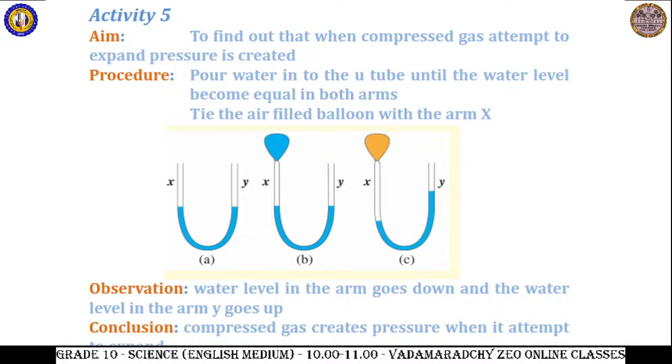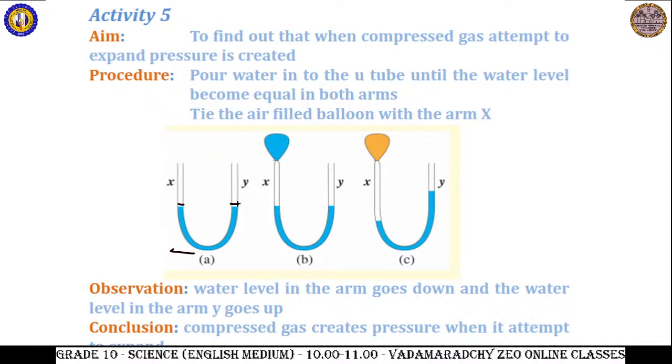To do this activity, we have to take a U-tube and pour water into it until the water level in both arms becomes equal.